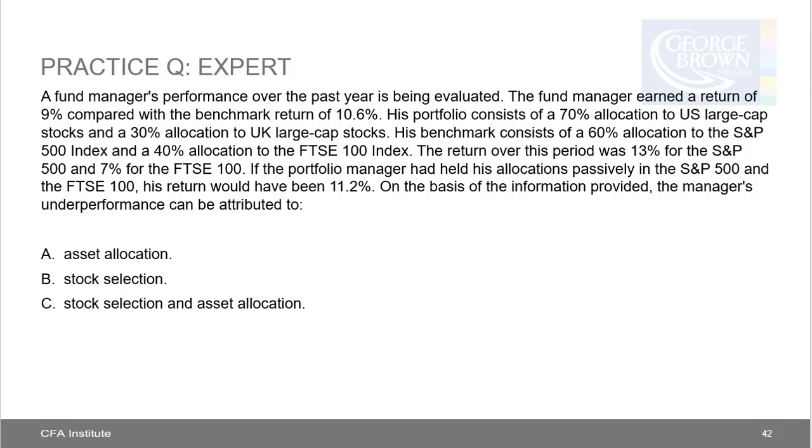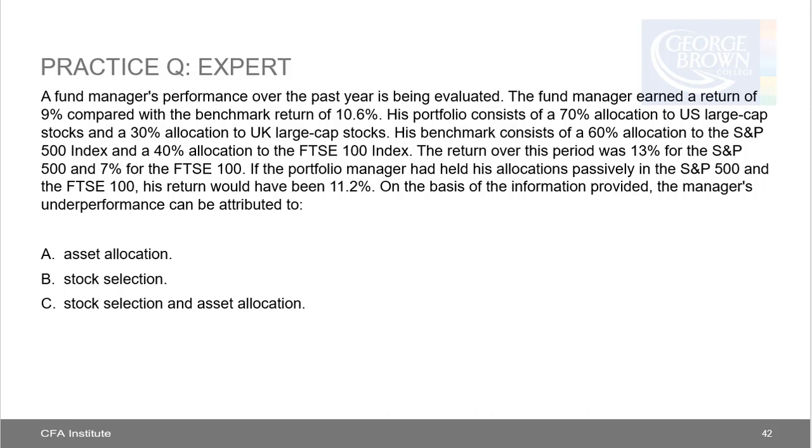So the question is, a fund manager's performance over the past year is being evaluated. The fund manager earned a return of 9% compared with the benchmark return of 10.6%. His portfolio consists of 70% allocation to U.S. large cap stocks, 30% allocation to UK large cap stocks. His benchmark consists of 60% allocation to S&P 500, 40% allocation to FTSE 100.